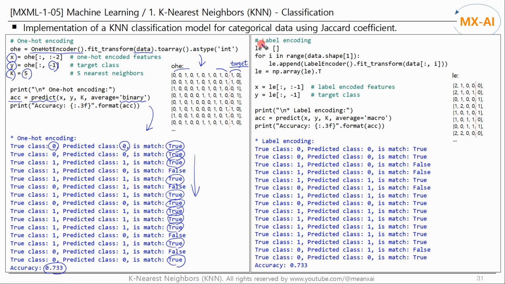Next, we'll use label encoding. The encoded data is as follows. Using this data, we do the same thing as on the left. The results are as follows. In this case, too, we achieved an accuracy of 73.3%.